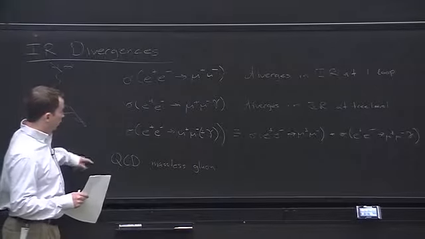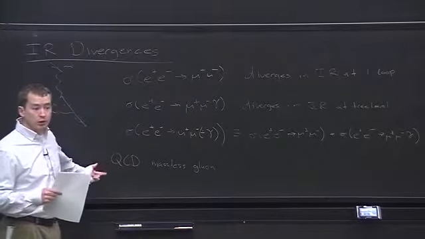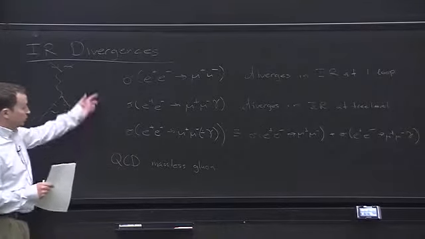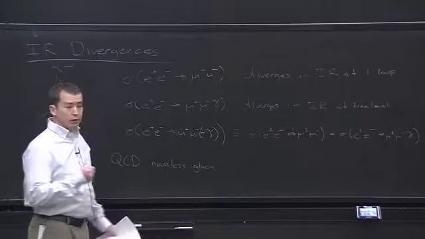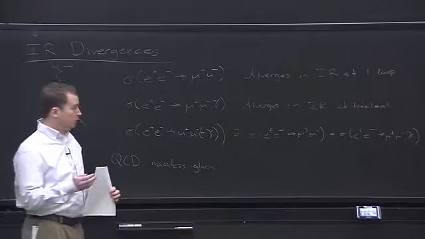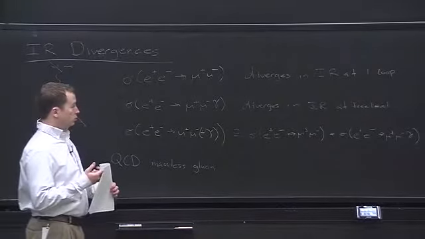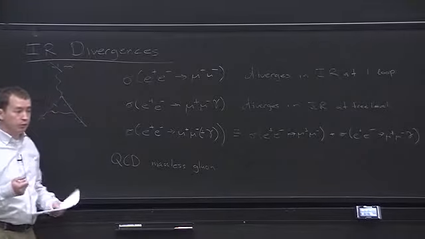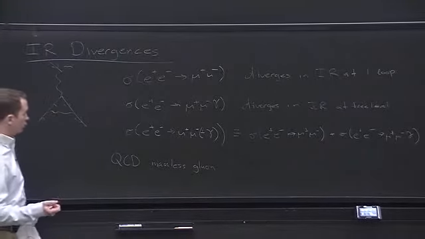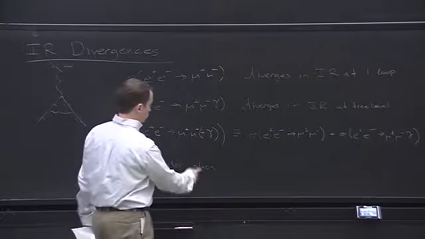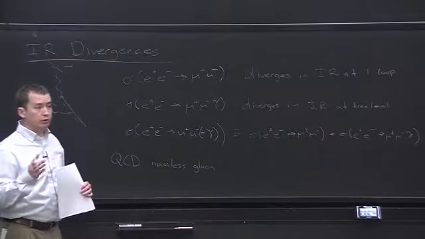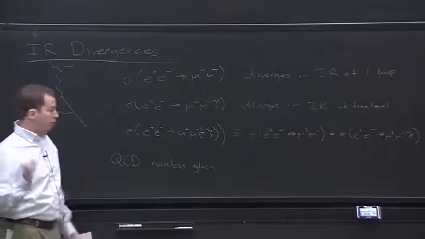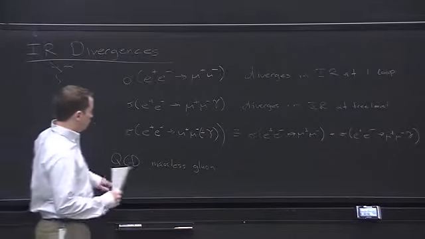So if there's a soft gluon emitted in some analogous process in QCD, the gluon will turn into a jet, some narrow stream of particles, hadrons or mesons, other color neutral particles.